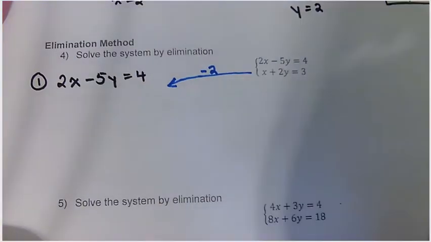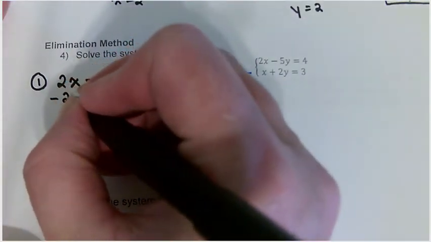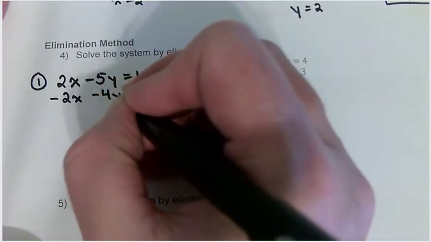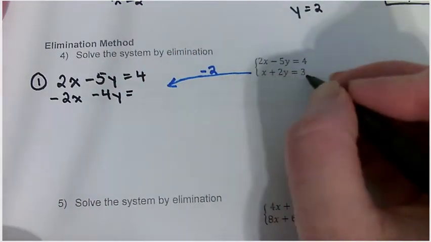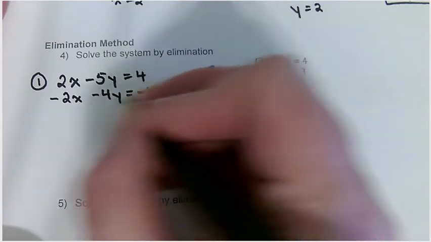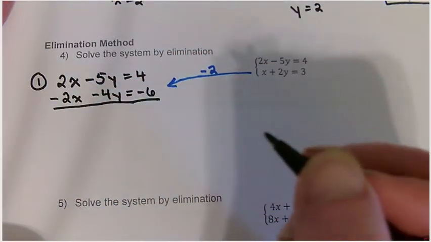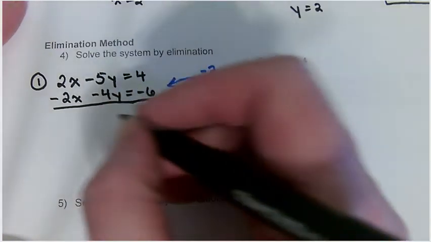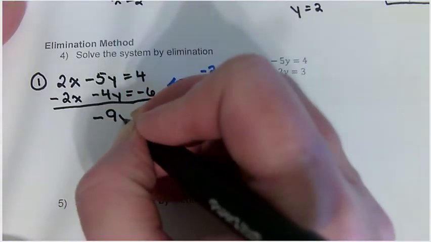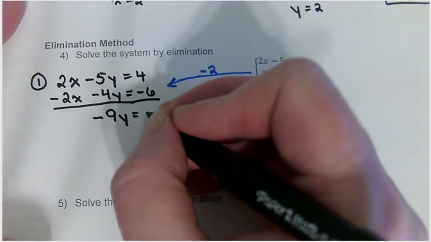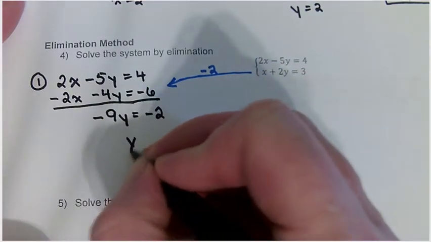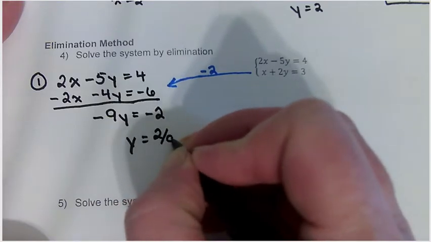So negative 2 times x is negative 2x. Negative 2 times 2y is negative 4y. Then negative 2 times 3 is negative 6. When I add these two equations together, the x's are going to go away. And I get negative 9y equals negative 2. So y is 2/9.